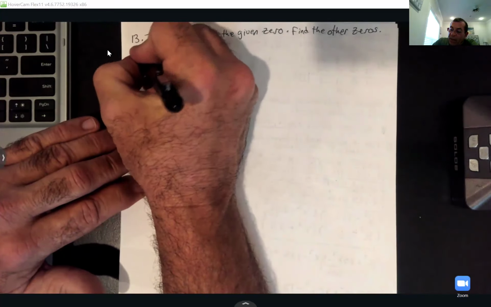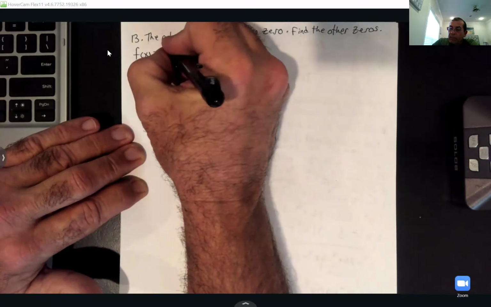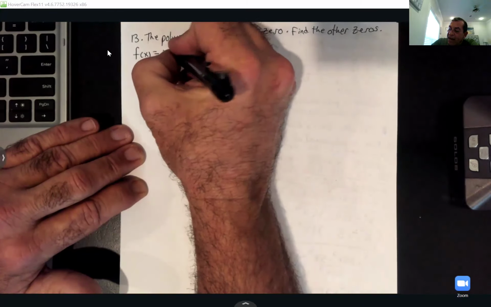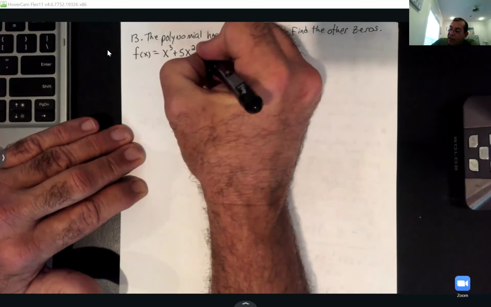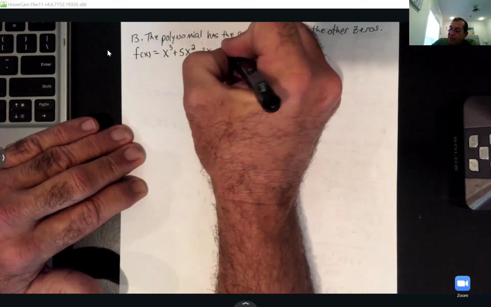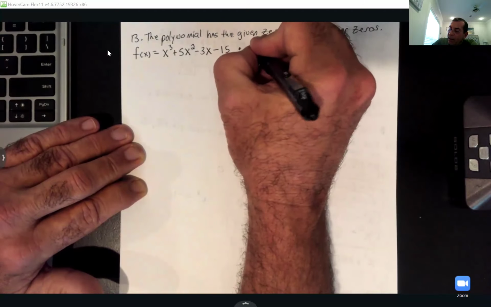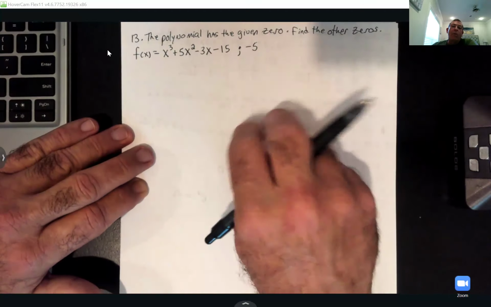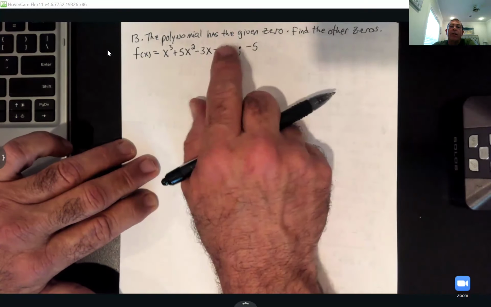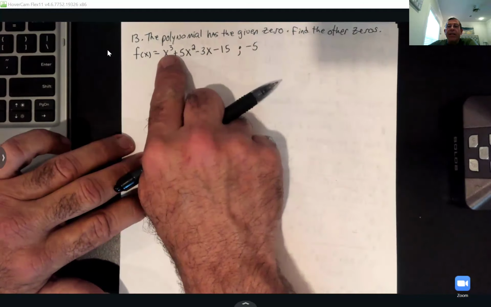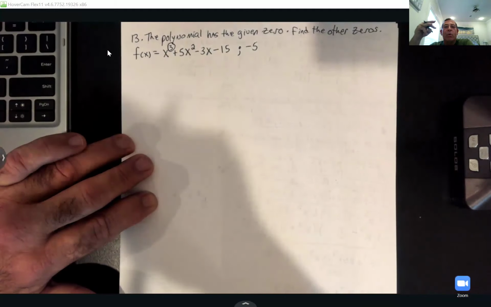My function f of x will equal x to the 3rd plus 5x squared minus 3x minus 15. And then they got the semicolon, and the 0 they're giving me is the negative 5. Now, we won't write negative 5 in our answer because they just want us to find the other zeros, not the one they're giving us. So on this one, since that's an x to the third, we're going to end up with 3 zeros when we're done.